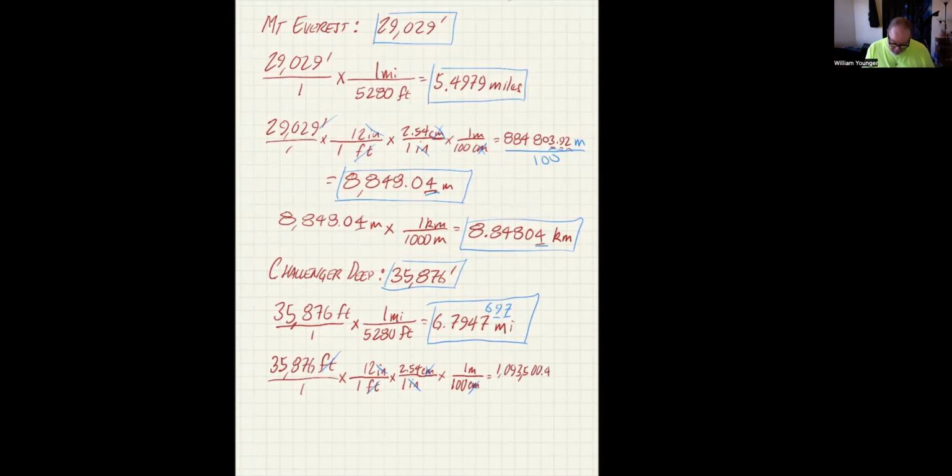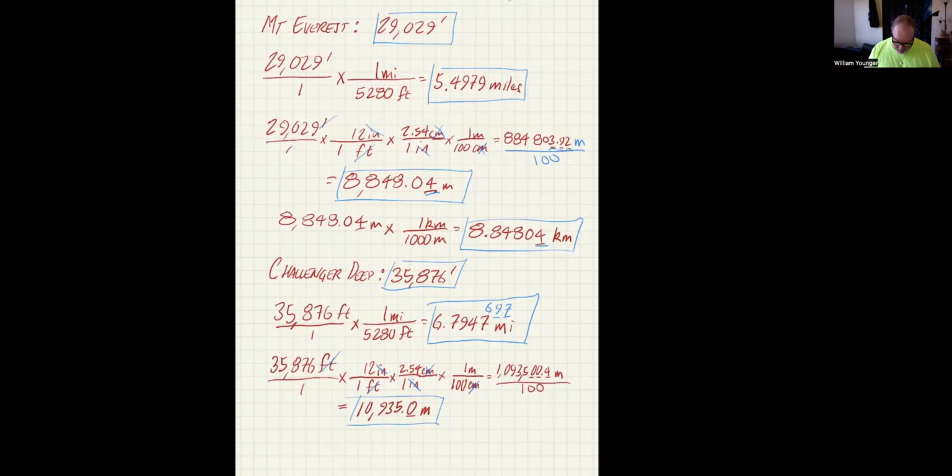And since we only used 5 sig figs going in, this and this are all insignificant figures. That's our meters. And then over here we have divided by 100 and no units on that one. So we can ultimately say that it's also equal to 10,935 0.0 meters, carrying again 1 extra sig fig. Okay, so that's how many meters the deepest spot in the ocean is as of the search that I did anyways.